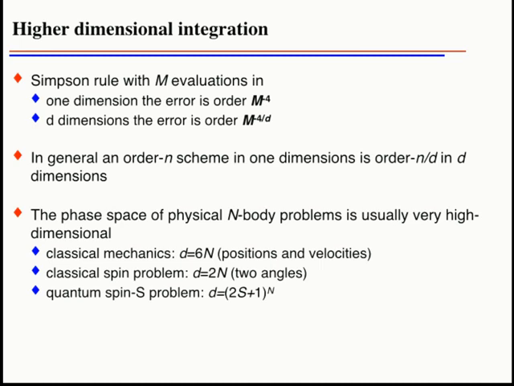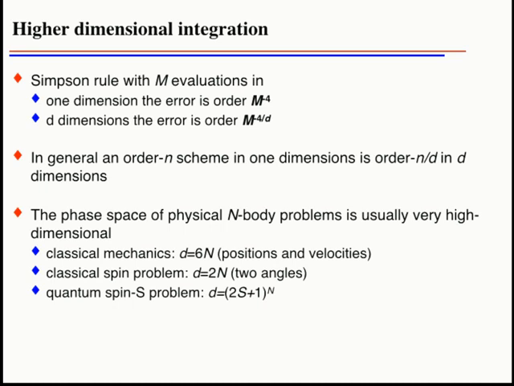In this case, we only have 2 angles per particle, so 2n. But the problem is, when we go to quantum mechanical systems, for example, a quantum spin-S problem has an exponentially increasing number of dimensions that we have to solve. So from this, we see that d can actually be quite huge.